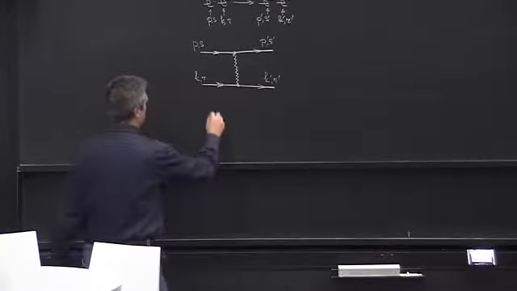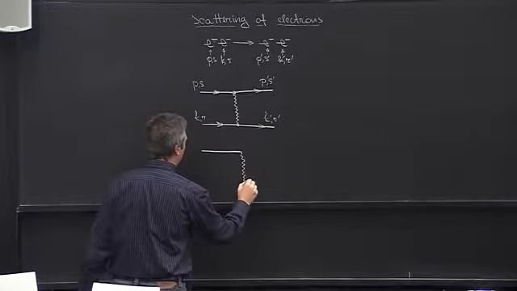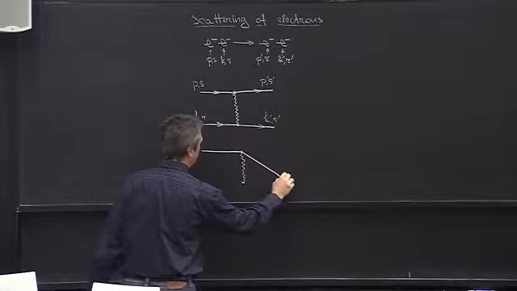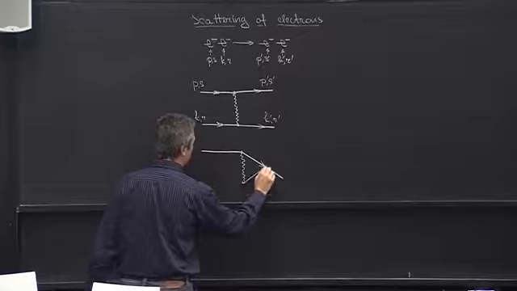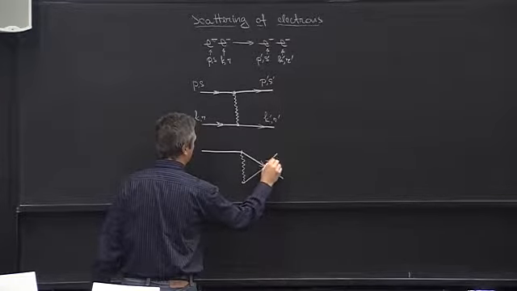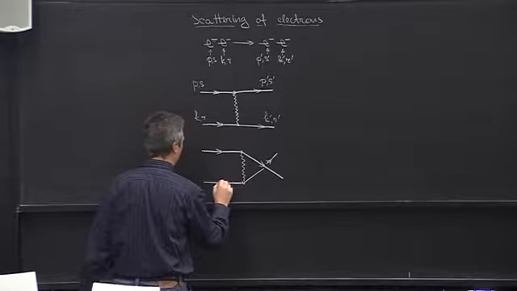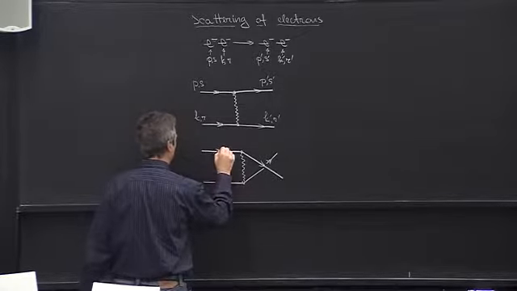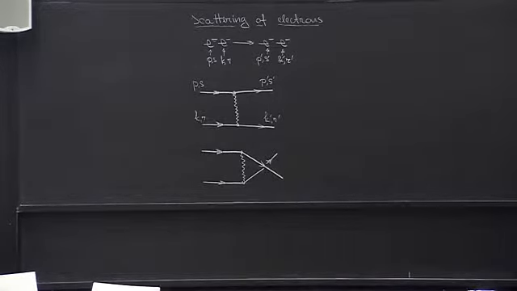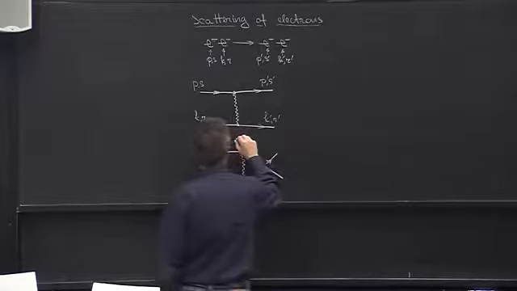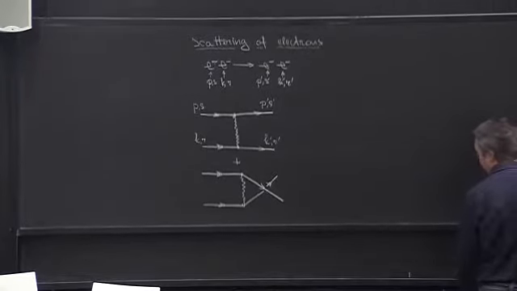Another possibility is that we connect the lines in a different way in the final state. And you can see that there are no other diagrams that can contribute. So we just need to compute these two diagrams.